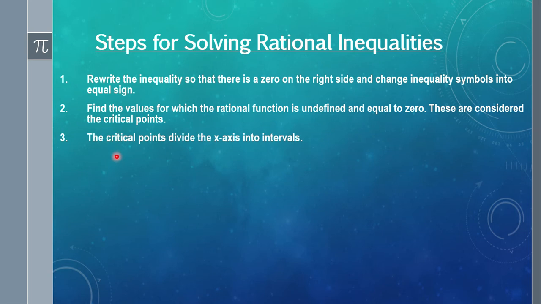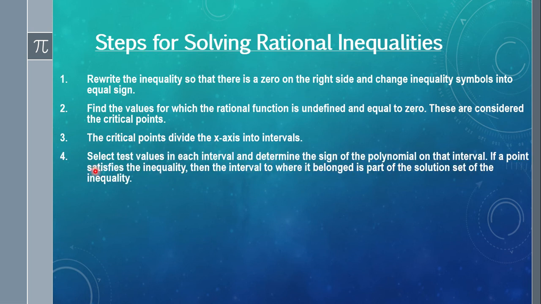And for the third step, the critical points divide the x-axis into intervals. And for the fourth one, select test values in each interval and determine the sign of the polynomial on that interval.